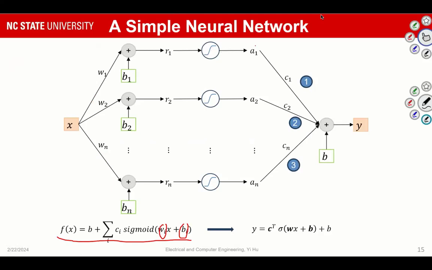And then we get a value here. And then finally we times the C, which is here, and add them together. And then finally add a bias here. This is a constant. This is the green curve shown on the last page. And then finally you get the output.